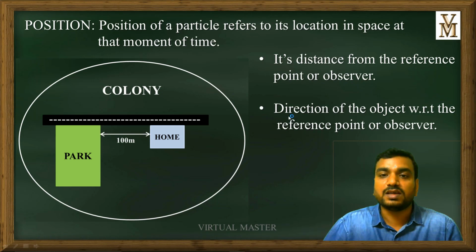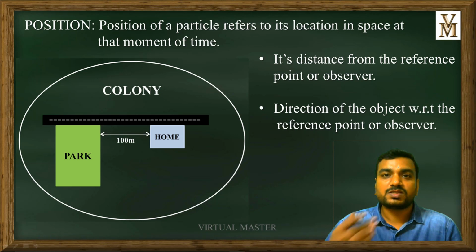Also, we need to tell the direction of the particle from the reference point. I hope you have understood the definition of position and how to describe the position of a particle.